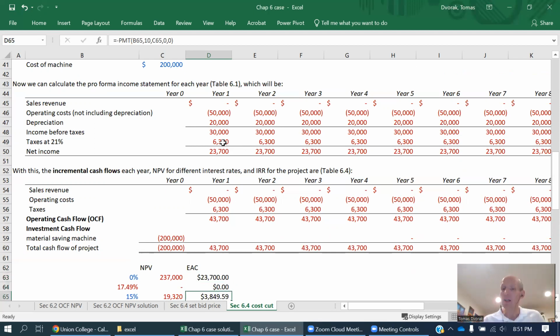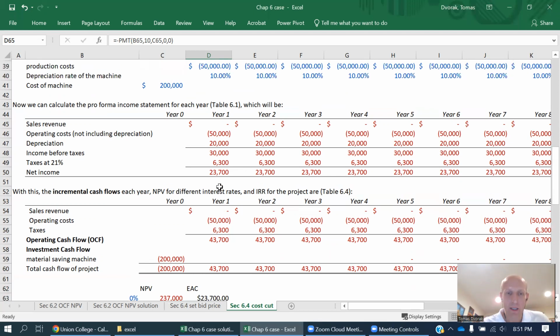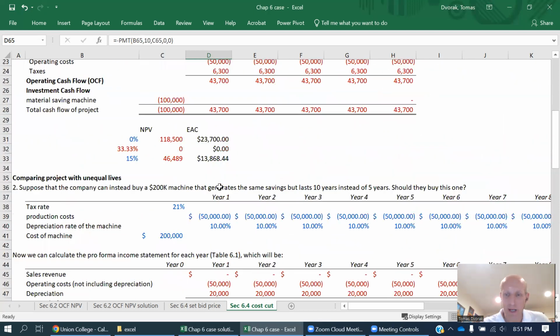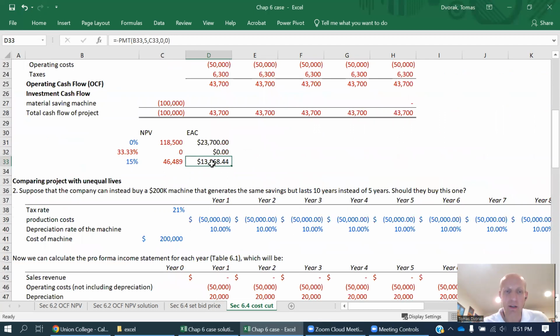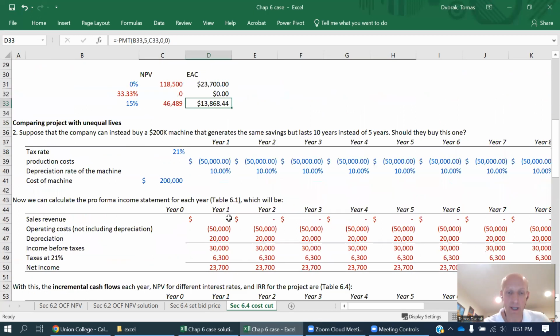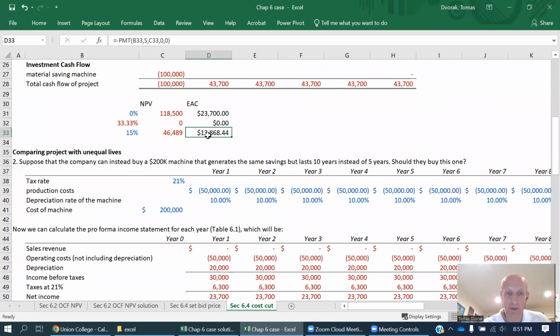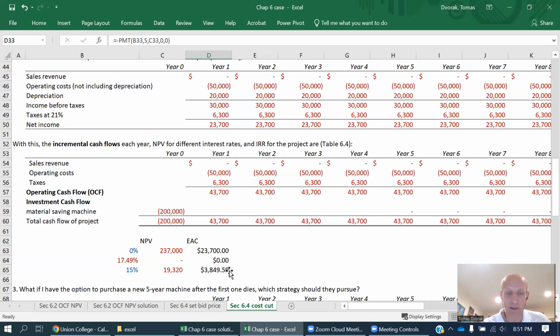But if I have positive discount rate, then clearly the annual benefit is much higher if I just buy the 5-year machine rather than the 10-year machine. In other words, this 13,000 is much higher than the 3,000.